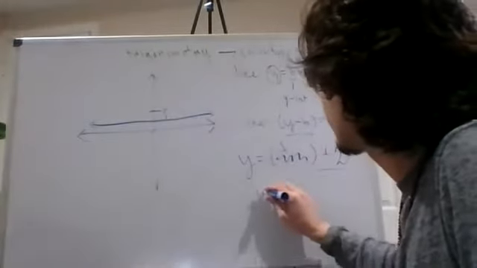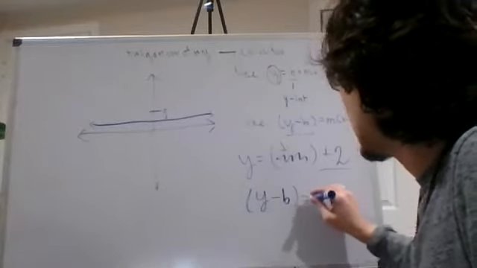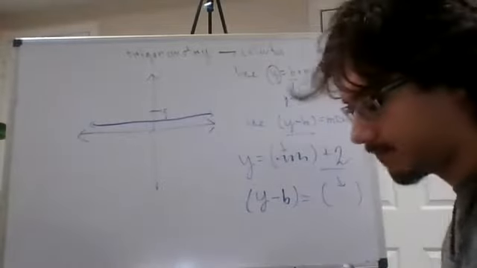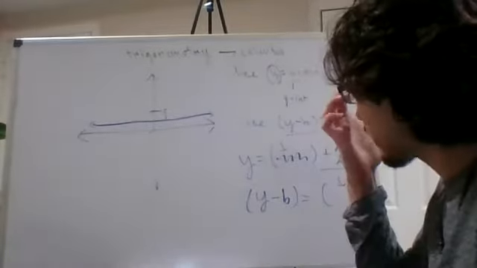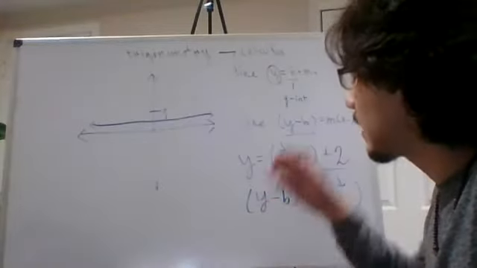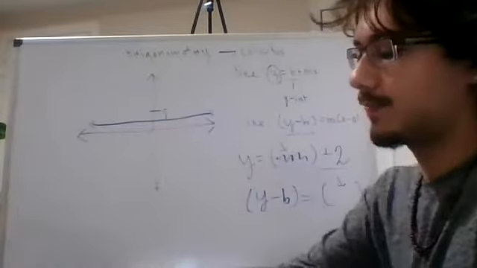Yes, sir. Okay. So in the future, when we consider our functions, we can consider them y minus b equals some complicated function. And this will still apply to telling us the position of the function as to where its y-intercept is.